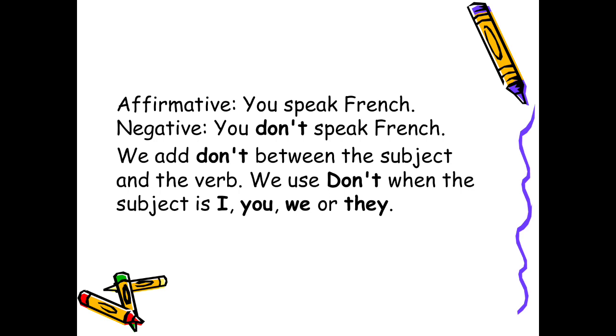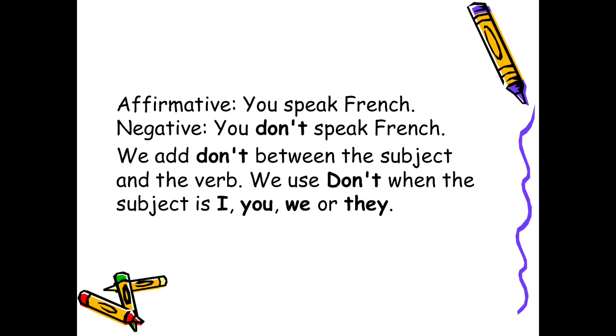So let us say, what is this? This is an affirmative sentence. You speak French. The negative sentence is you don't speak French. We add don't between the subject and the verb. We use don't when the subject is I, you, we or they.